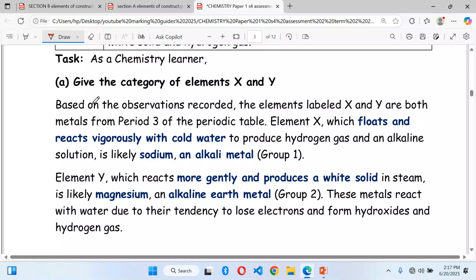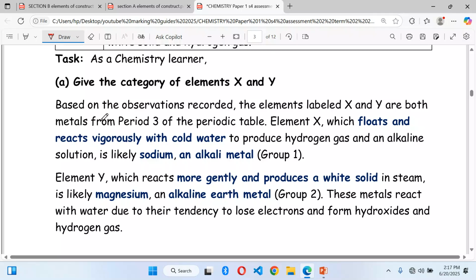Based on the observation recorded, the elements labeled X and Y are both metals. I believe that is true, because metals are the ones from period 3. Metals are the ones which react in that manner. Non-metals, most of them don't react, apart from chlorine, which forms the 2 acids, hypochlorous acid and hydrochloric acid.